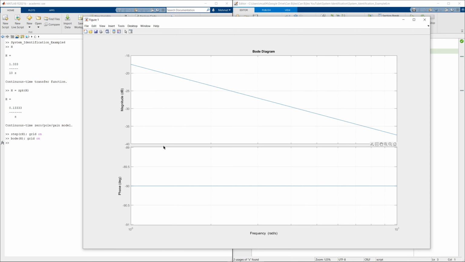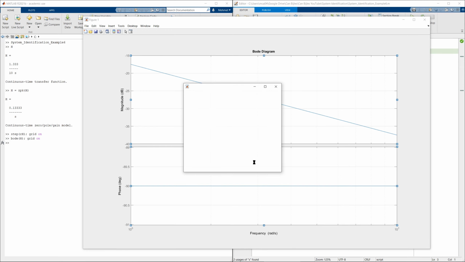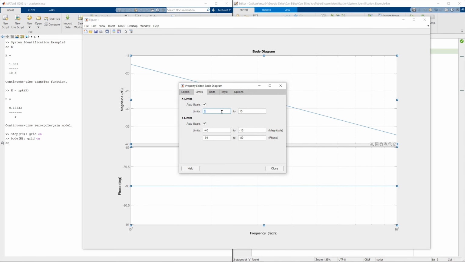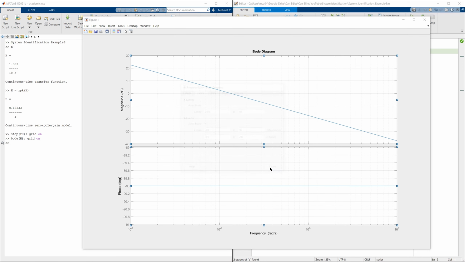And of course, in this case, the unity gain frequency is not shown. So let me change the limits in this frequency plot, so you can see the unity gain frequency also. Let's look at the limits and let's make it 0.01 for example, and then check for that.